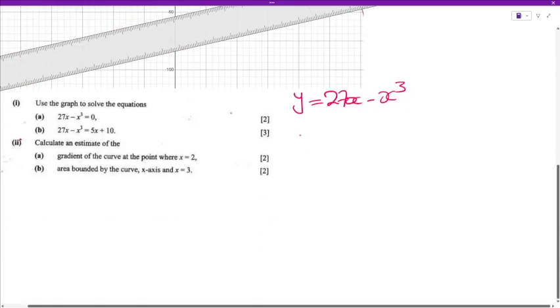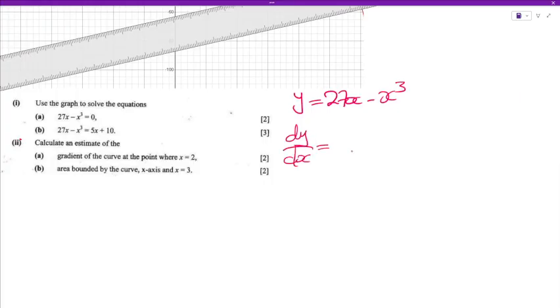Okay, so meaning to differentiate, we are going to say dy over dx is equal to, the power there is 1 times 27x, the power 1 minus 1, plus 3 times -1, x the power 3 minus 1.